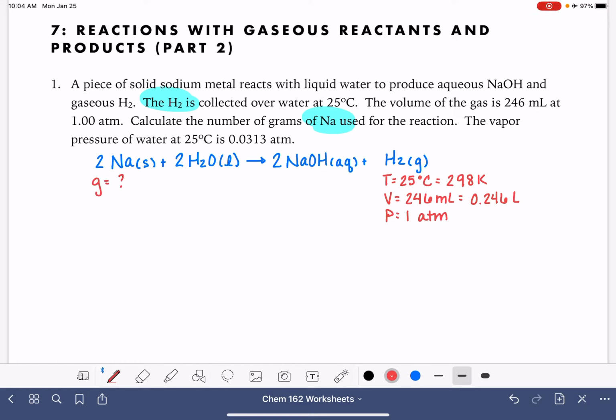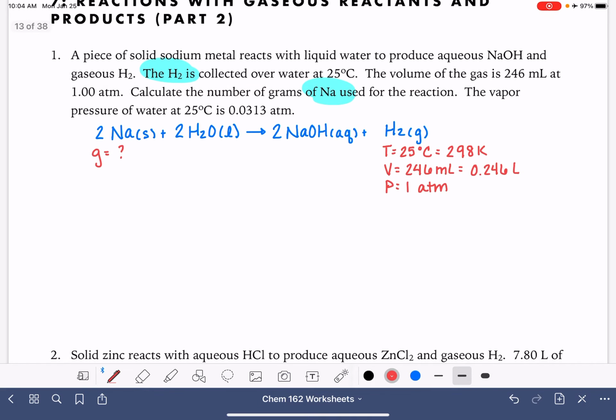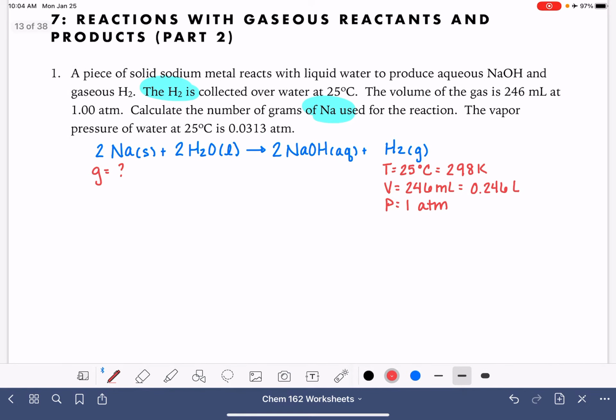And it says that the pressure of water at 25 degrees C is 0.0313 atmospheres. Okay, so that means that this number right here is actually a P total. The total pressure is 1 atmosphere, and the partial pressure of the water is 0.0313 atmospheres.